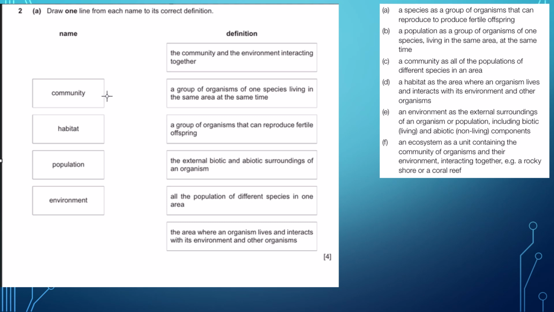The community is all the populations of different species in one area. The habitat is the area where an organism lives and interacts with its environment and other organisms. A population is a group of organisms of one species living in the same area at the same time.